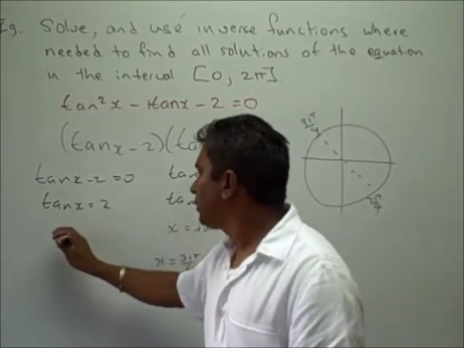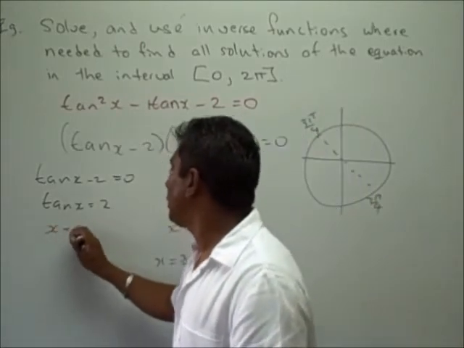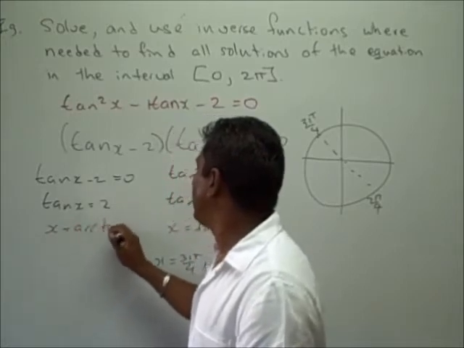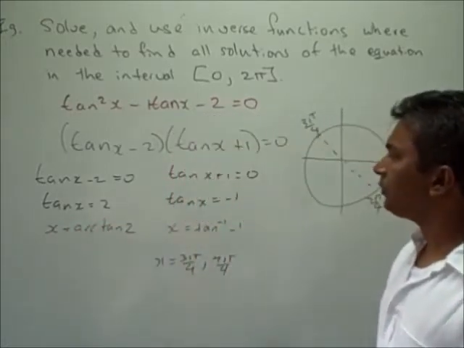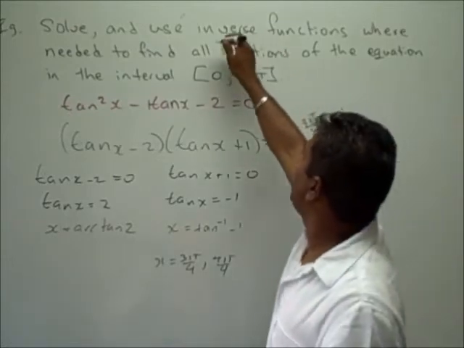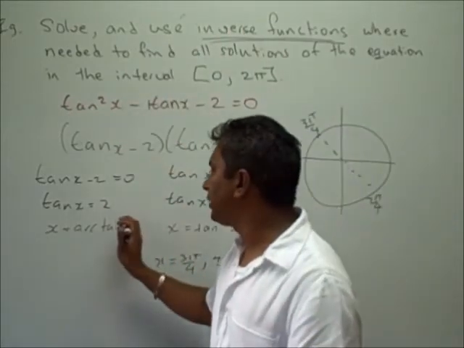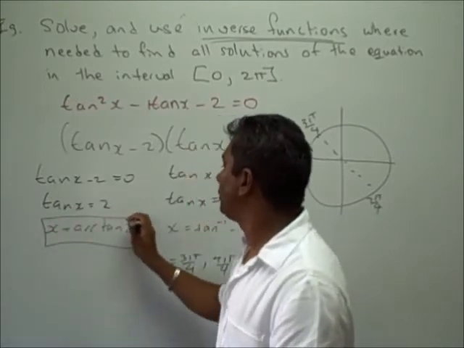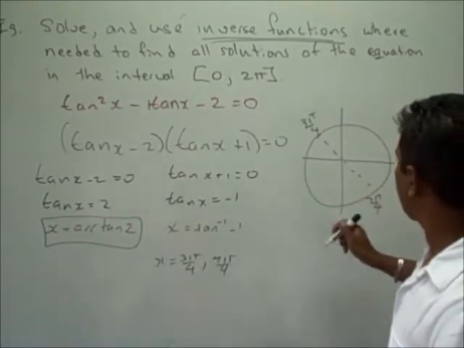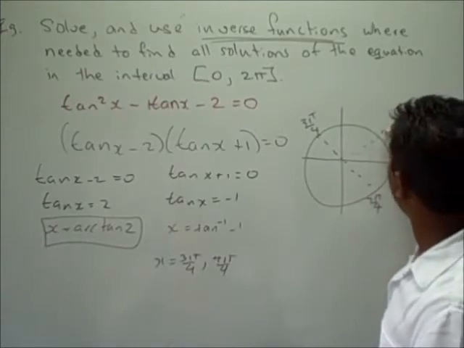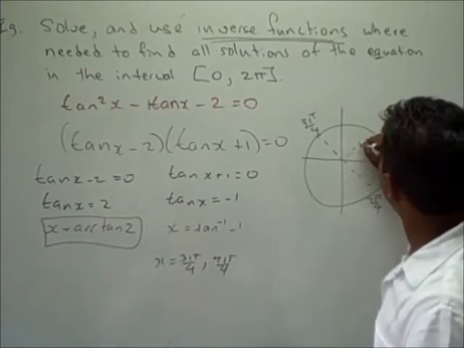Here we're going to find x also, so x is equal to the arctan of 2. Since we're told to use inverse functions to solve this, we can simply leave this as x is equal to the arctan of 2. And arctan of 2 is really a little over pi over 4. It's somewhere here.